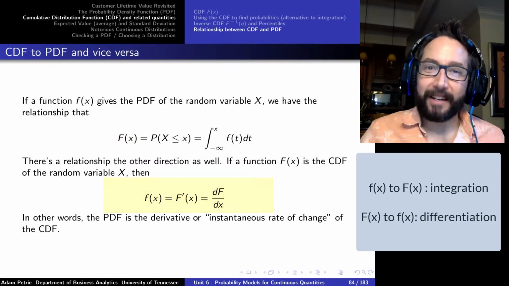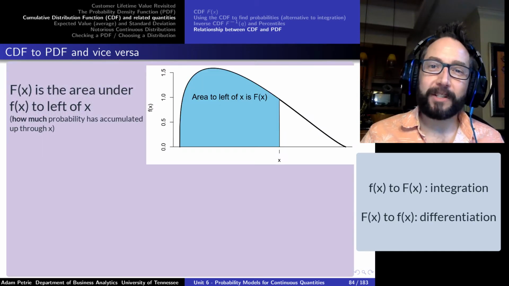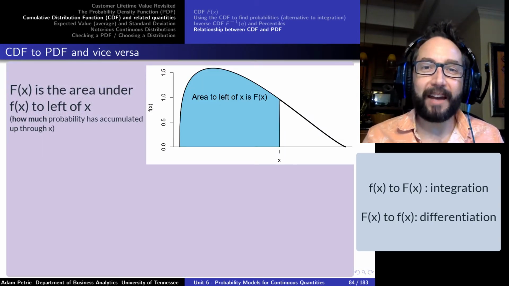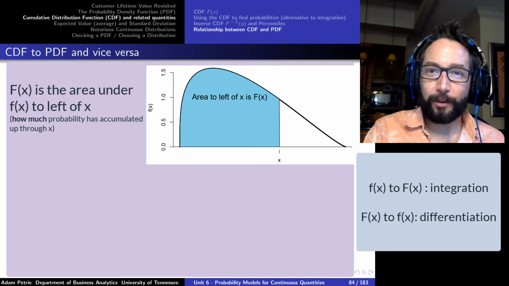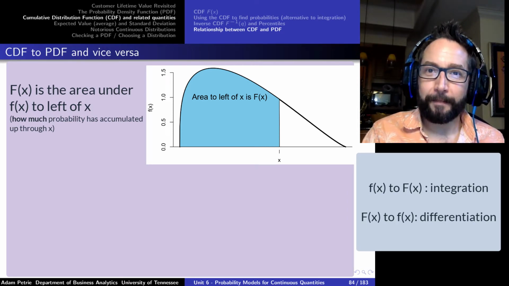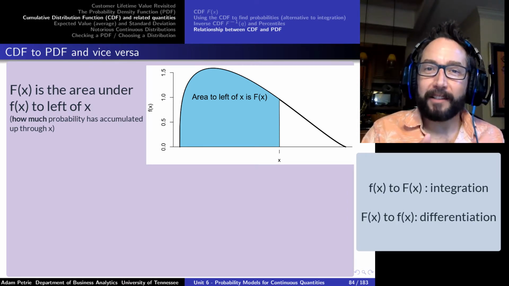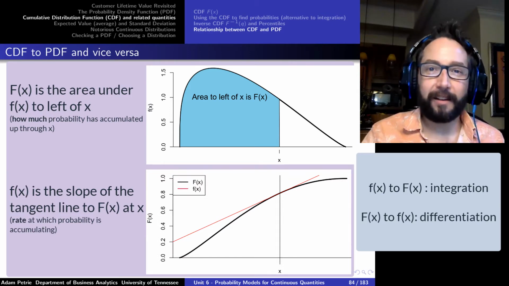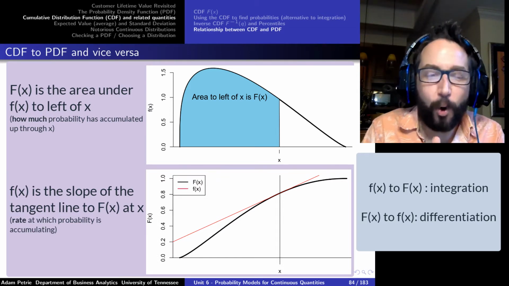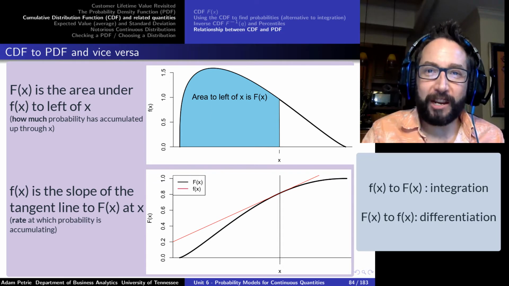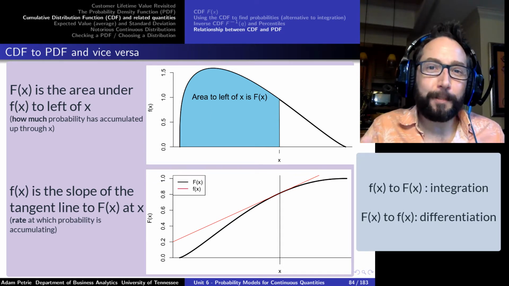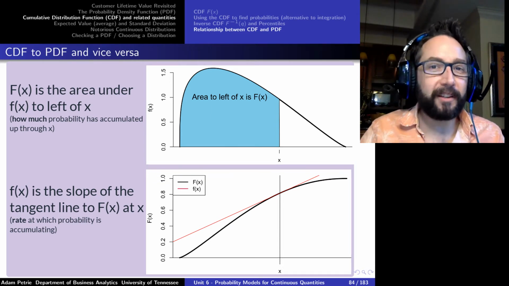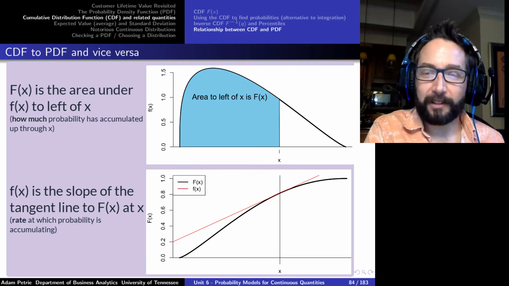And this makes sense. So remember, capital F was letting us know how much probability had accumulated up to that point little x here. Now, if I were to look at the slope of the tangent line of capital F, essentially how quickly that formula was changing at that value of x, that lets me know how quickly the probability was accumulating at that value of little x.